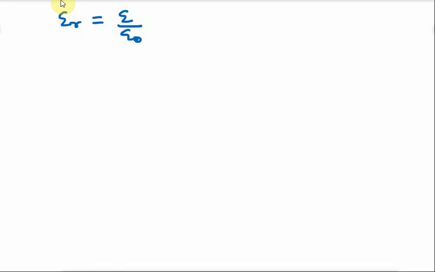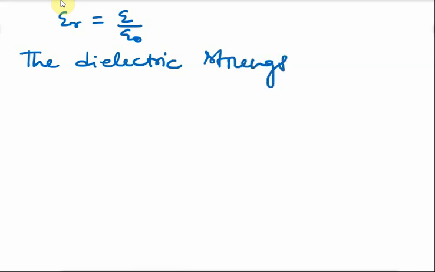So the dielectric constant can be defined as the ratio of the permittivity of the dielectric medium to the permittivity of free space. Now what is the dielectric strength?